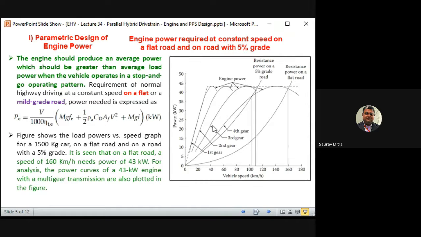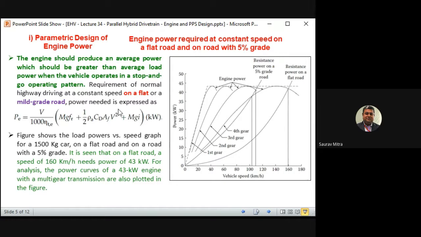Only these 5-6 parameters are there, and most of the equations are power or energy equations: average power equation, engine power equation, PPS power equation, and they are repeated in every chapter, especially in modules 4 and 5. So do not get scared. The syllabus looks big, but it is along the same line. If you start preparing from the slides, you will find they are almost saying the same thing.